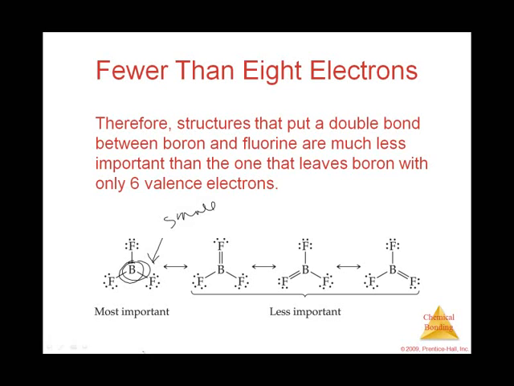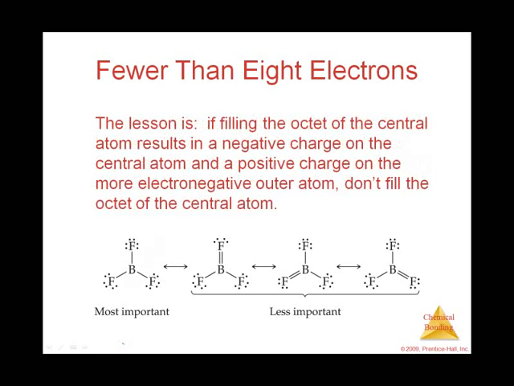Kind of a weak explanation, but that's the wisdom people use. If you remember CNOPS, which is which atoms form double bonds, fluorine's not part of that group, so this is not a good structure. For a couple of reasons we're going to know it's that.